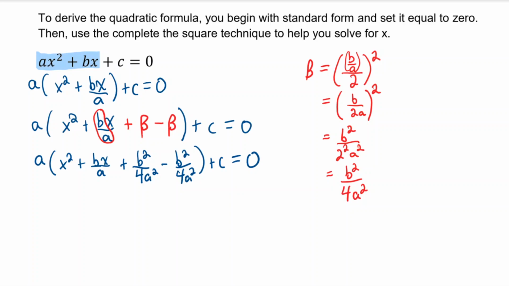Okay, this looks really messy, but we are now going to do things as we always do. We focus on these first three terms here. And that's a perfect square trinomial, believe it or not.